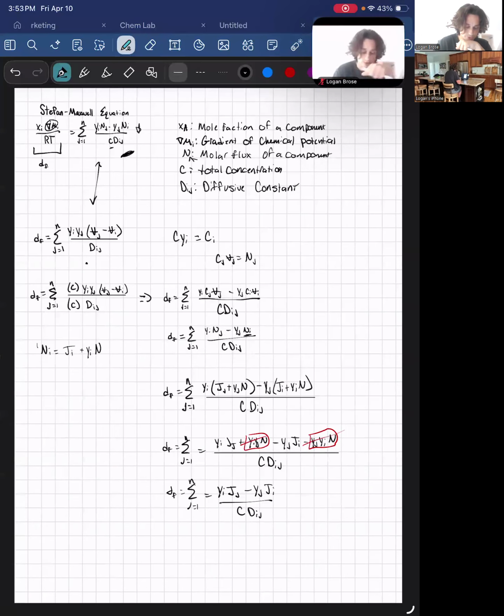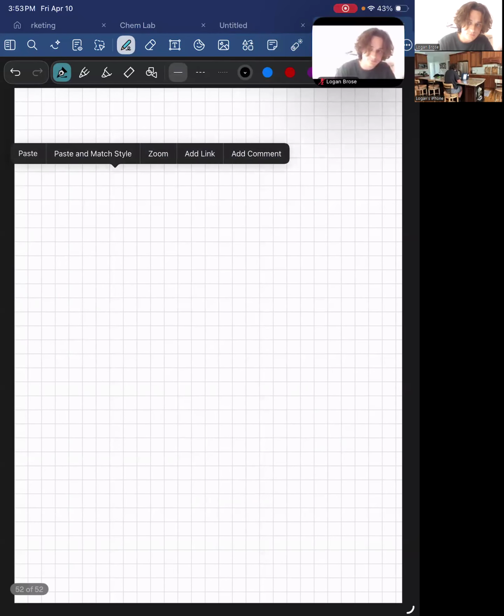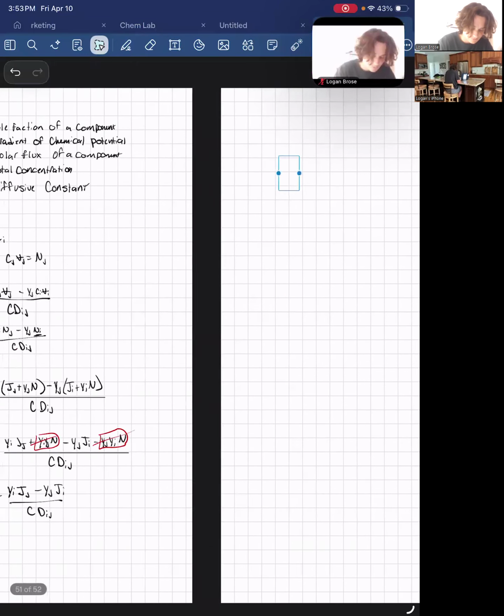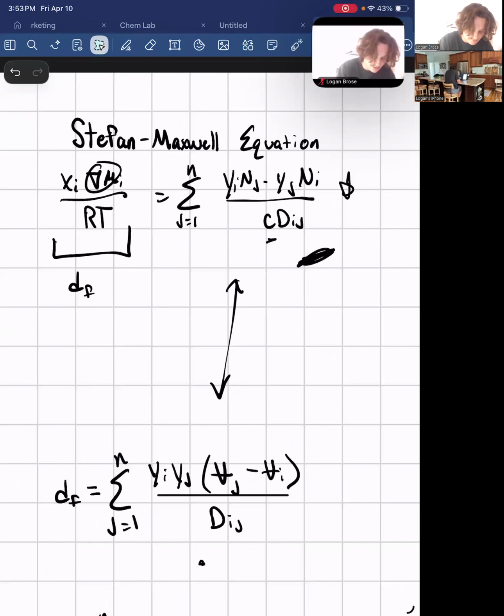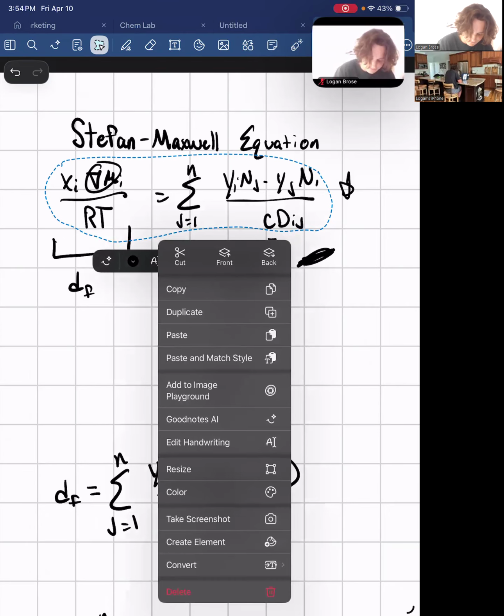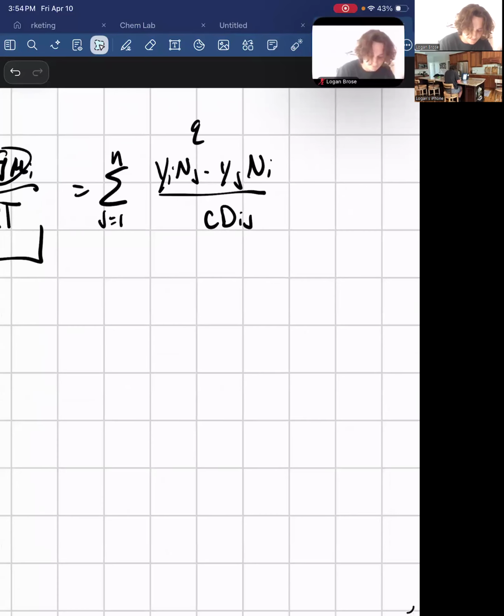So next, we'll move on and talk about situations where the gradient of our chemical potential is at standard state. So we're going to copy this equation here. We'll just take our basic Stefan-Maxwell.